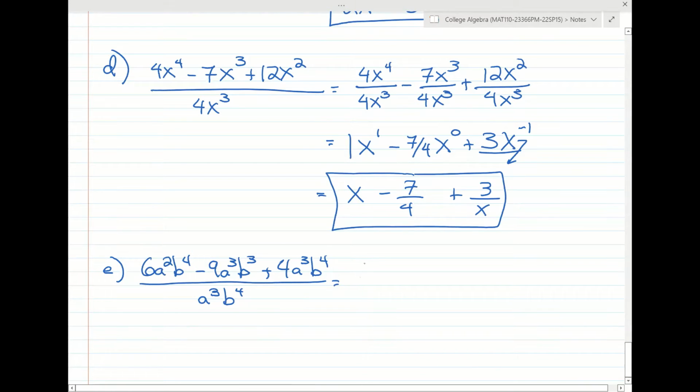Similarly to what we did before, we'll write everything on top, divided by on the bottom.